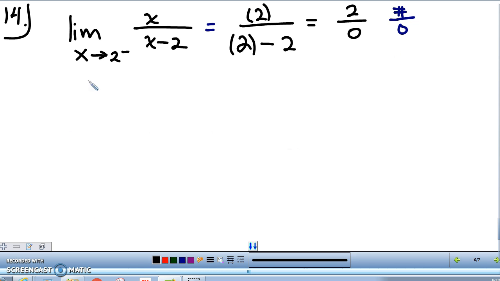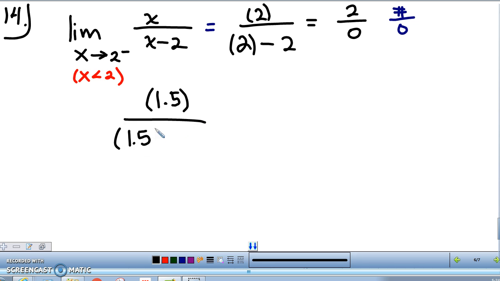So, if we're approaching it from the left, okay, so x approaching 2 from the left side, we're talking about x values that are less than 2. So you might want to try 1.5. So we have 1.5 over 1.5 minus 2.